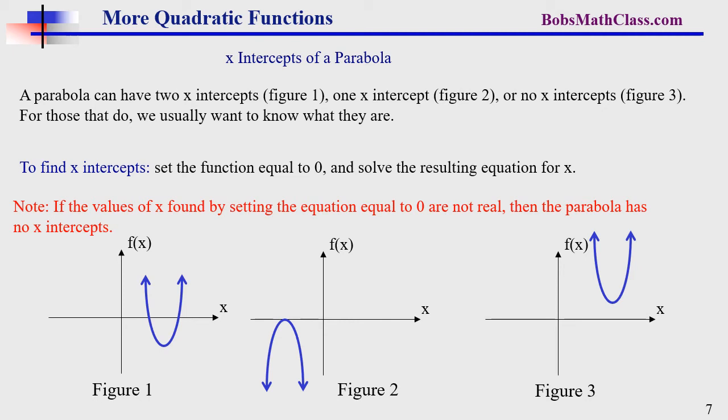In figure 1, there are two x-intercepts. It crosses the x-axis twice. In figure 2, it has one x-intercept. It intersects the x-axis just at one point, which is the vertex. And in figure 3, it has no x-intercepts.